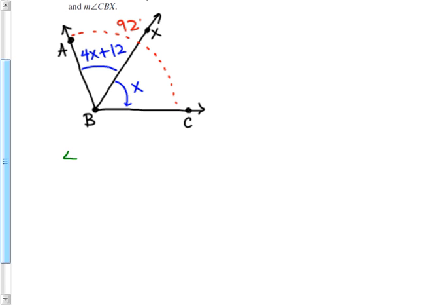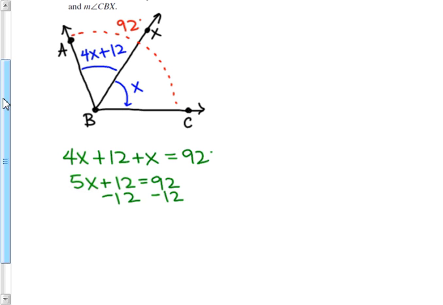So 4x plus 12 plus x equals 92 degrees. 4x plus x gives me 5x, plus 12 is 92, minus 12, 5x equals 80, divide by 5, I get x equals 16.